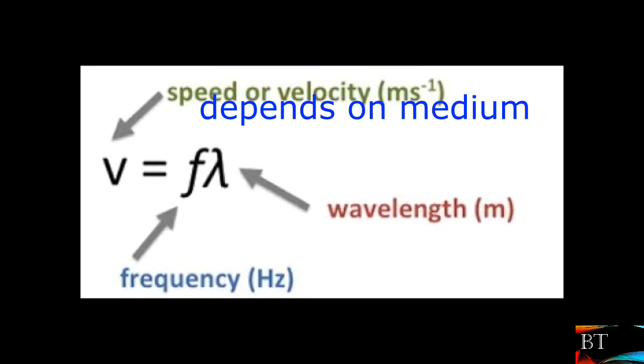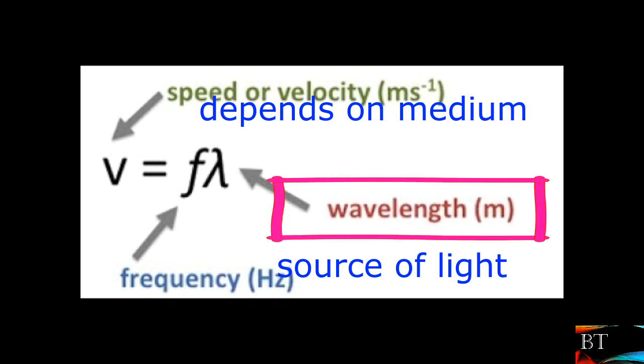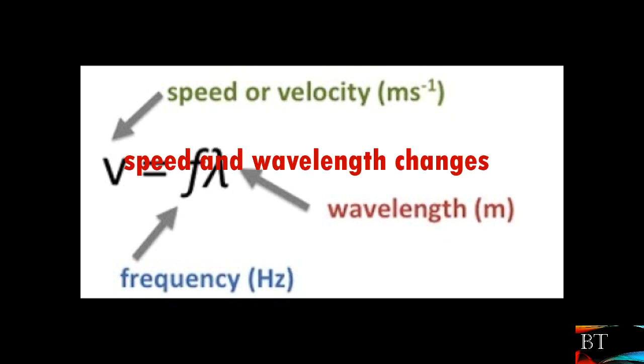Here, the speed depends on the medium through which the light passes, but the frequency depends only on the source of light, and hence wavelength changes with change in medium. Hence, during refraction, the speed and wavelength of light change and the frequency of light remains the same.